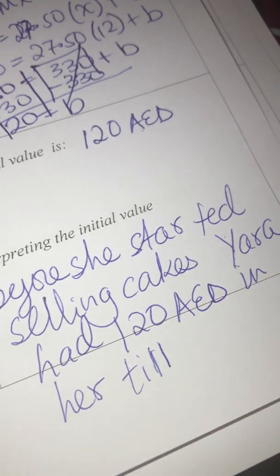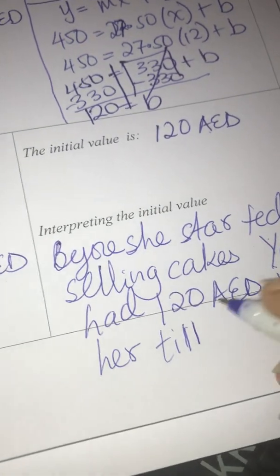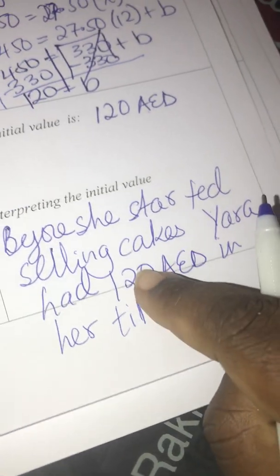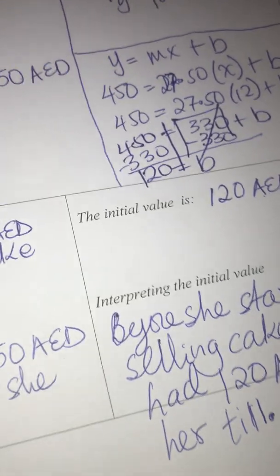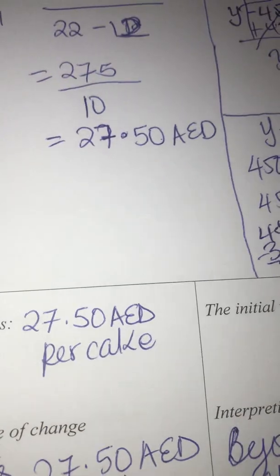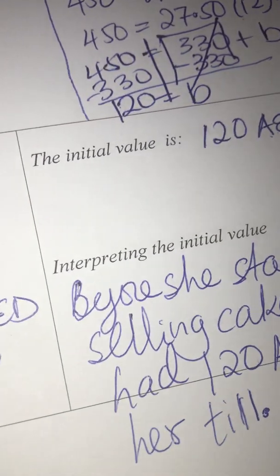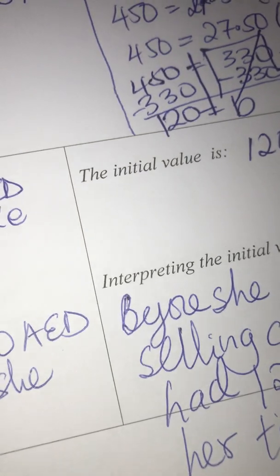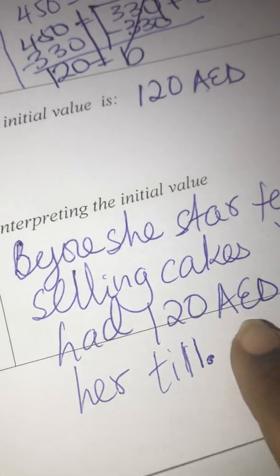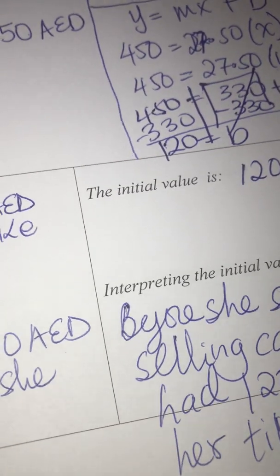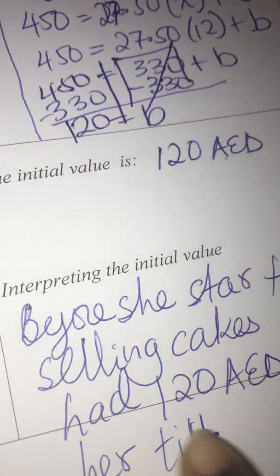That machine where the cashier sits at is called a till. Okay? You cannot open a store in the morning and not have money. You need money to give people change. So that's why Yara had 120 dirham inside. Because if somebody comes with 500, she should be able to give the person change. So she needed to have money in the till before she opened the door for the first customer. That is what this means. Okay?